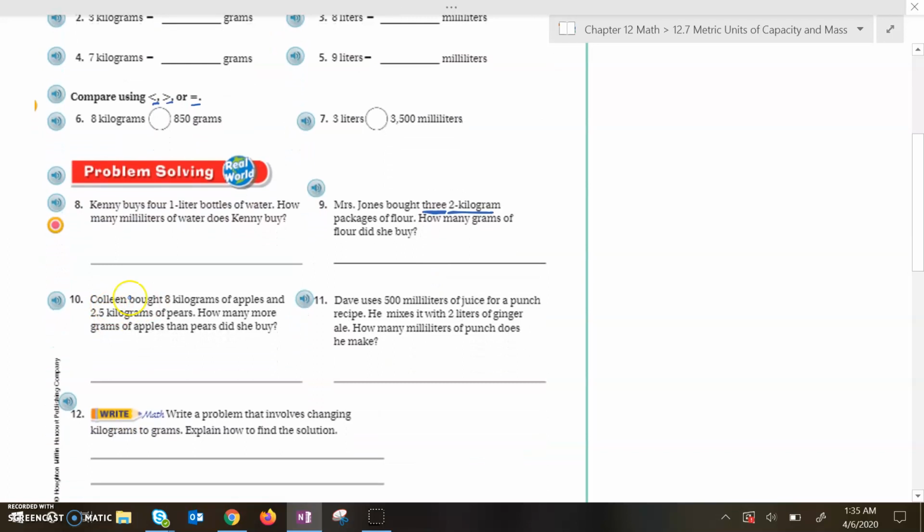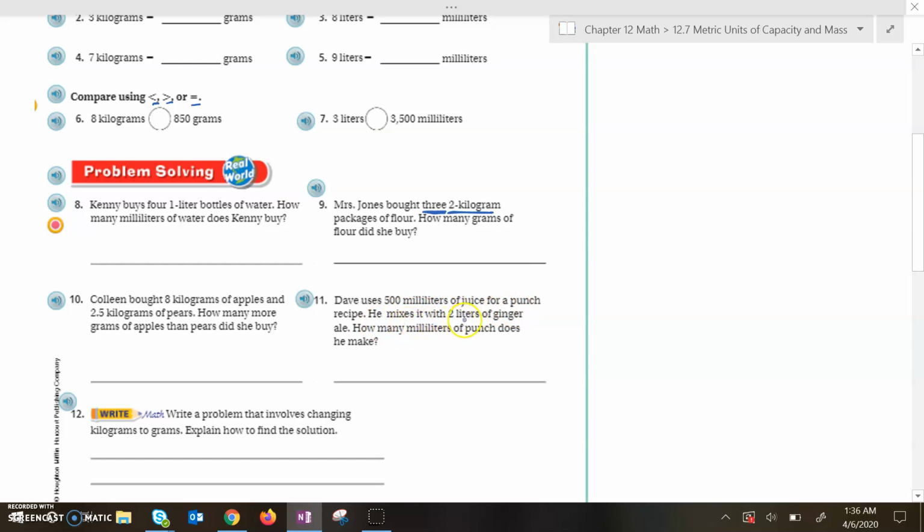Number 10. Colleen bought 8 kilograms of apples and 2 5/10 or 2.5 kilograms of pears. How many more grams of apples did she buy than pears? Dave uses 500 milliliters of juice for a punch recipe.